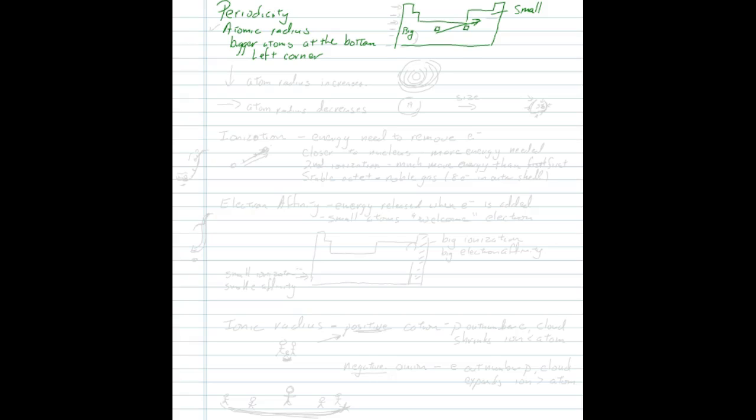The one closest to the bottom left-hand corner will be the biggest atom. There are two trends within this overall diagonal trend going down. As you go down a group, the atomic radius increases.